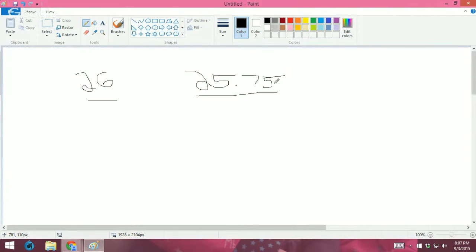Precision is a little bit different. Precision is how close are you, how many sig figs can you have is the most precise way, I guess, to say it. Precision is something that has a lot of sig figs. So this number of 25.75 has a lot of sig figs. It happens to have 2 decimal places, even more importantly. And so when you're precise, you can be really certain of what you're reporting. Like let's say you had a big stadium and you said there's about 24,000 people in the room.